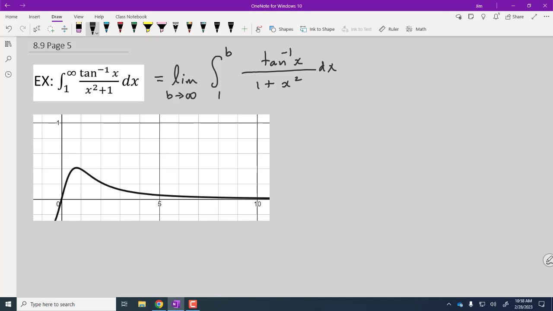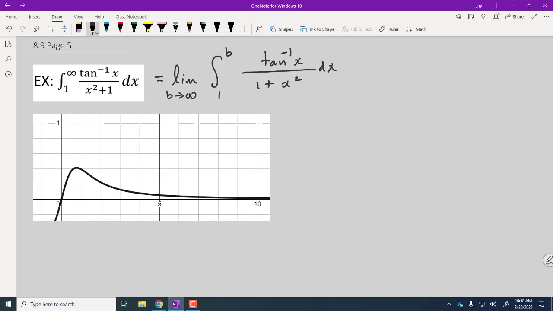So what technique of integration are we going to use here? U sub. Yeah. Because we see that the only choice for u is arctan. And its derivative is 1 over 1 plus x squared, which we see. Anytime u sub is going to work, its derivative has to be present.